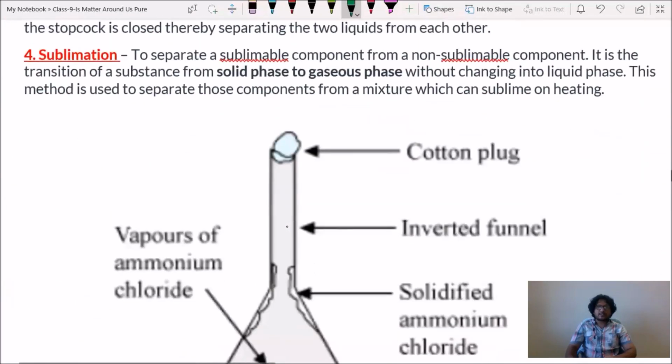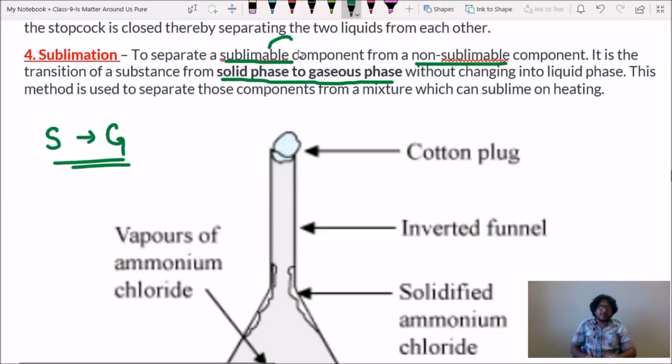Next process is sublimation. Sublimation is used to separate a sublimable component from a non-sublimable component. It is the transition of a substance from the solid phase to the gaseous phase. When a solid is directly converting into gas, that is known as sublimation.